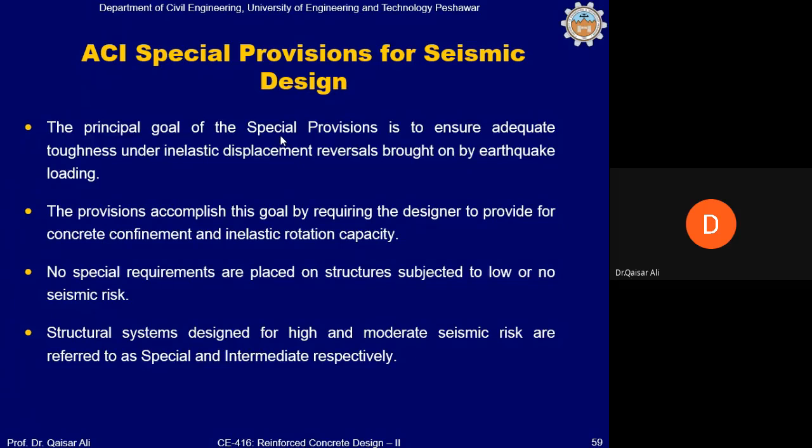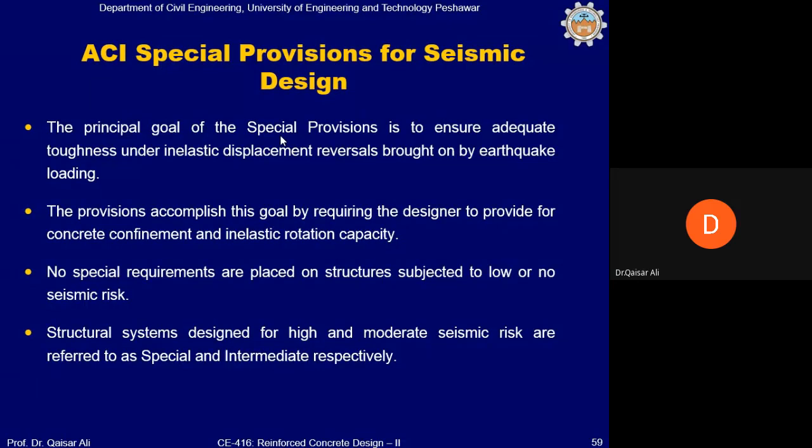This is done in order to make the structure more efficient in energy dissipation. The energy dissipating capacity of the structure will increase, which means the structure will undergo several cycles of inelastic deformation without causing any threat to the life of occupants, and the damage will be controlled.